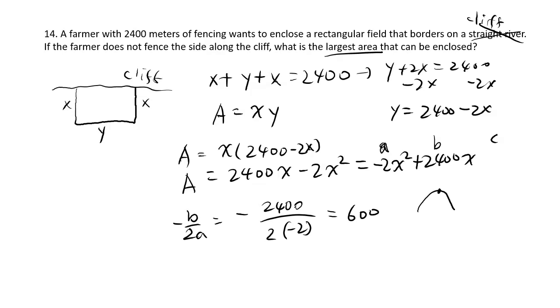So we know that the x value has to be 600 in order to maximize, and the area when x is 600, I'm thinking of this as a function of x, so you plug 600 into x.